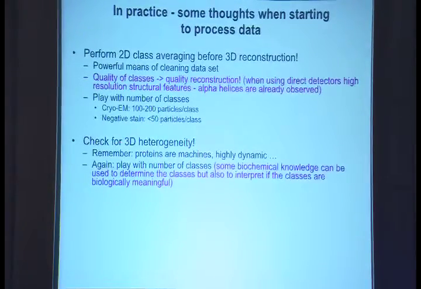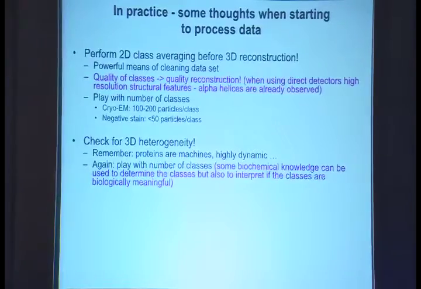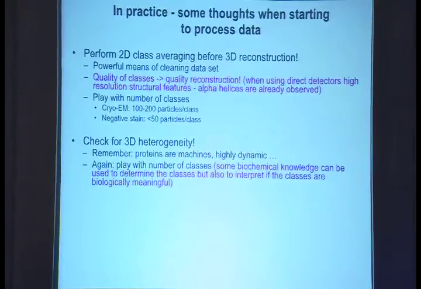And this is one of the things: most proteins and macromolecules are highly dynamic, they are machines, they tend to work. So in a given specimen, you are going to have many different conformations. This is going to limit your resolution. With maximum likelihood classification, you should be able to classify them in most cases, but there are some cases where, if the changes are small, you will not be able to.